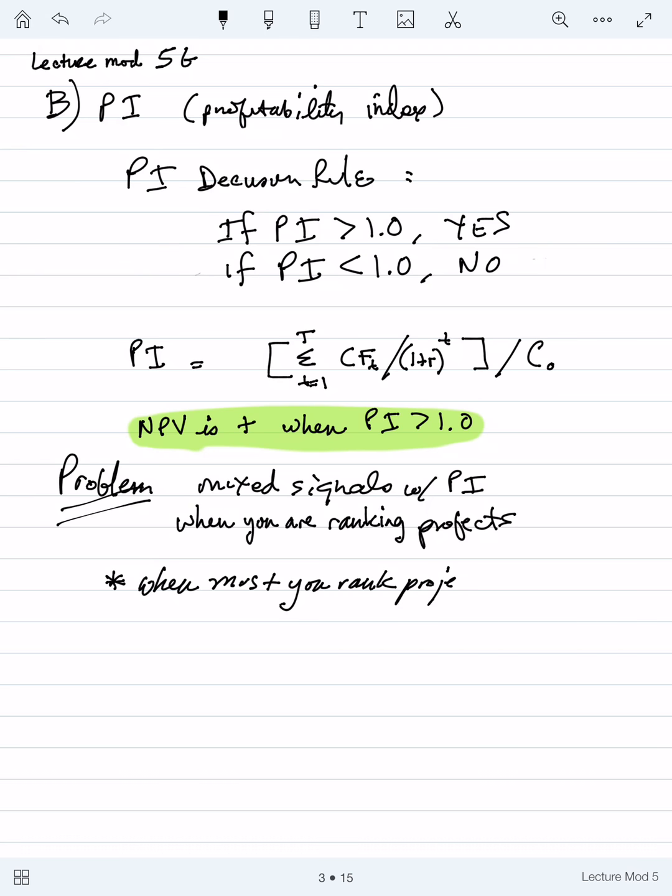The projects are ranked usually under one or two conditions. The first is that the projects are mutually exclusive.